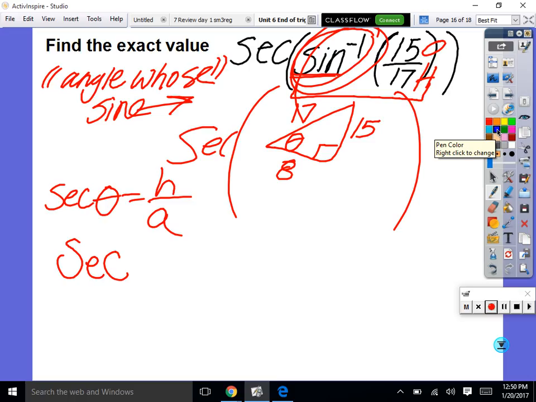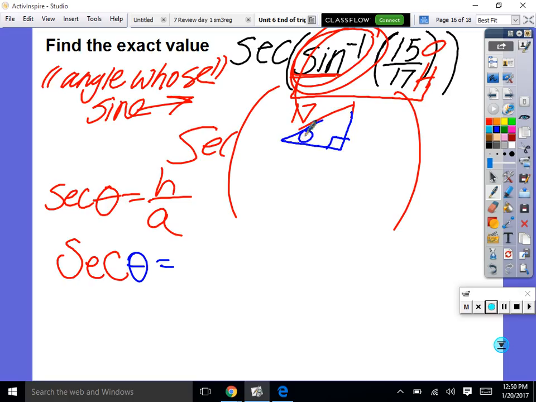So then secant of theta equals hypotenuse over adjacent, right? You're right. Okay, where do I need to start?